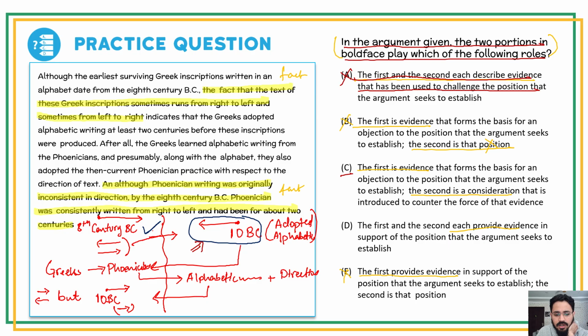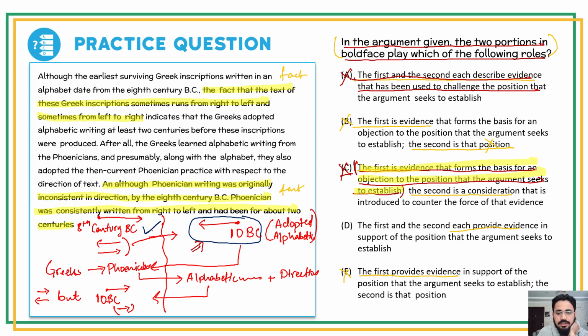C: the first is evidence that forms the basis for an objection to the position. I've already established that both pieces of evidence are acting like a premise for the position that the argument is seeking to establish. So this cannot be correct. That part, which I've enclosed in brackets and let me even highlight, is not correct.